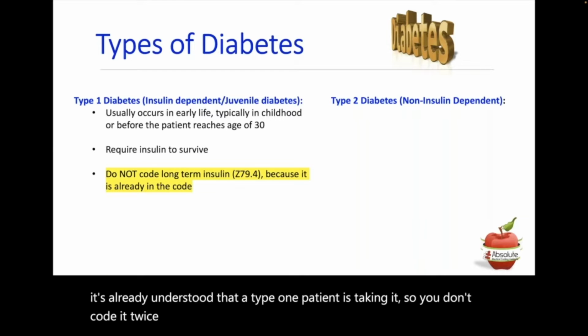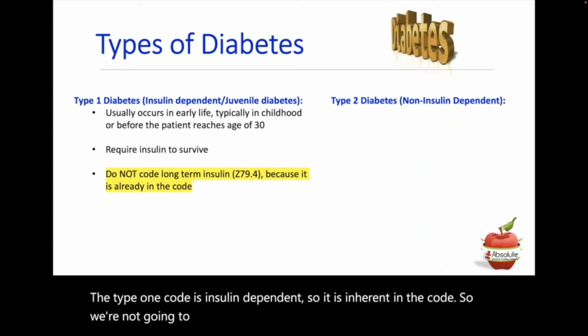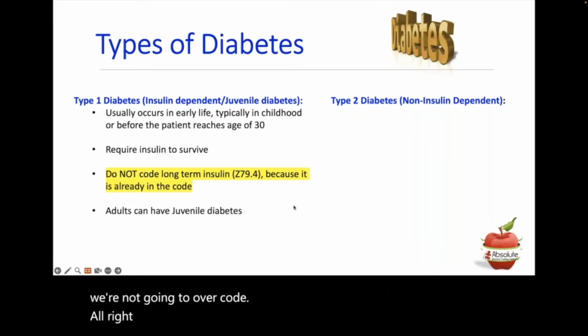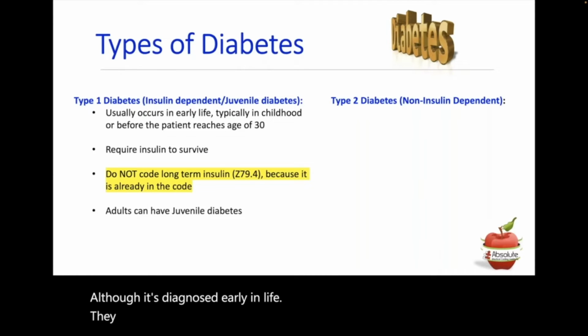In fact, the type 1 code is insulin dependent, so it is inherent in the code. So we're not going to overcode. All right. Also, just remember, adults can have juvenile diabetes. Again, although it's diagnosed early in life, they have it throughout the life of the patient.